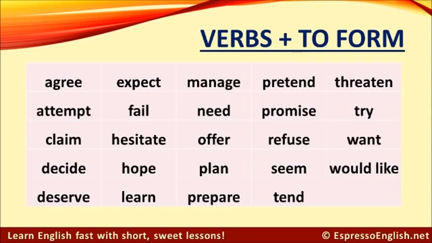Some people ask me how you know whether a verb is followed by the ing form or the infinitive, the to form. The answer is that there's really no way to know just by looking at the verb. Unfortunately, you just need to remember each one on an individual basis.